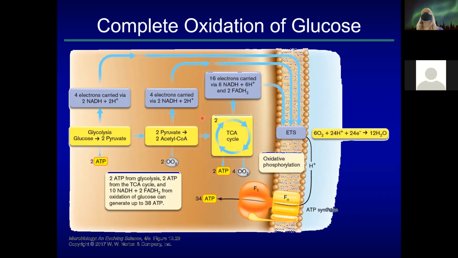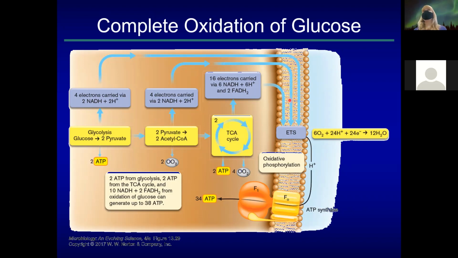And you can see that you get the breakdown of glucose. So if we start with glucose, what they like to say is if you follow this pathway through the end of the TCA cycle, you get the complete breakdown of glucose to CO2, which means you can't really break it down any further than that. Glucose is completely broken down. You got the most bang for your buck, so to speak, in terms of being able to completely break down glucose and get some necessary ATP and then these electron carriers.